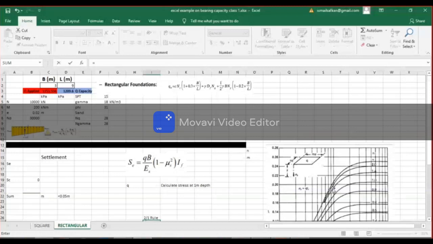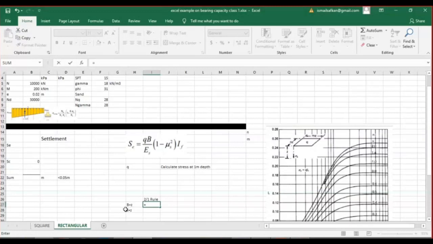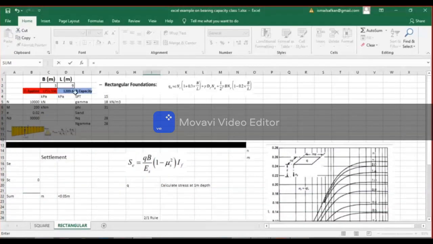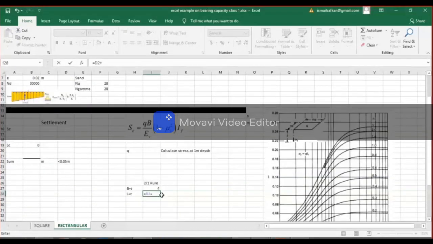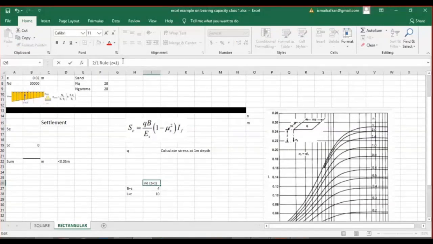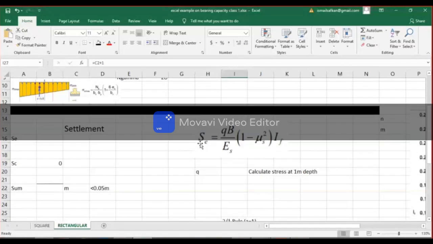It will be this one plus 1 meter. This will be equal to M plus 1 meter at the Z equal to 1. So I didn't utilize the graph.